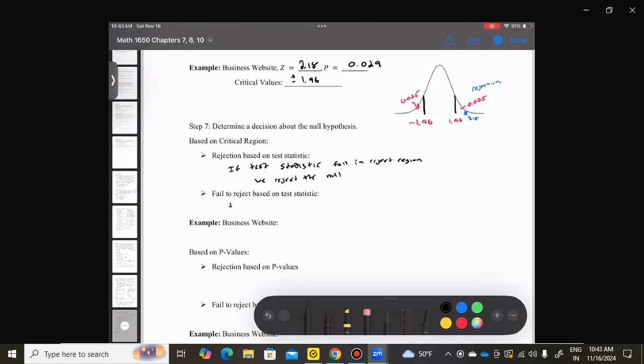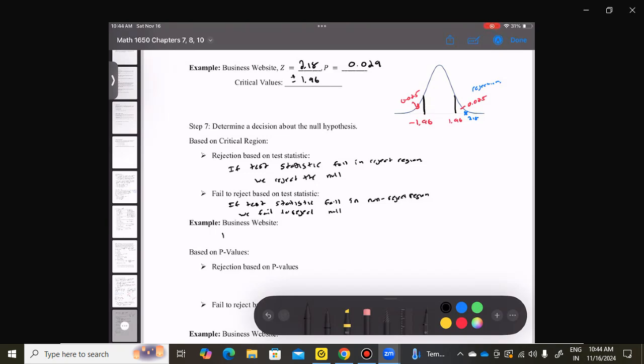If test statistic falls in non-rejection region, then we fail to reject the null. Our test statistic fell in the rejection region. It was just too high for that proportion of 30% to be still true.